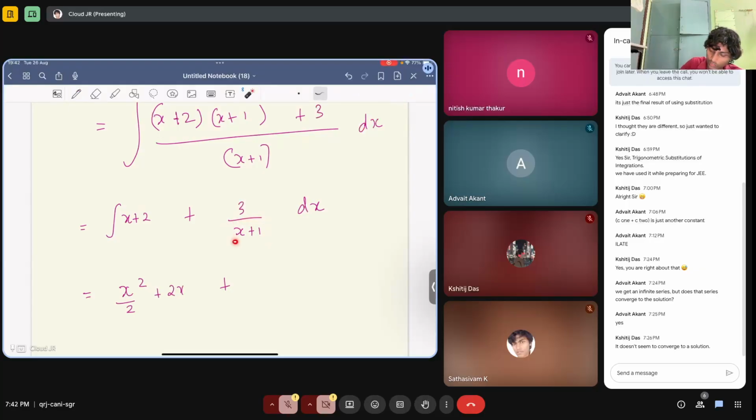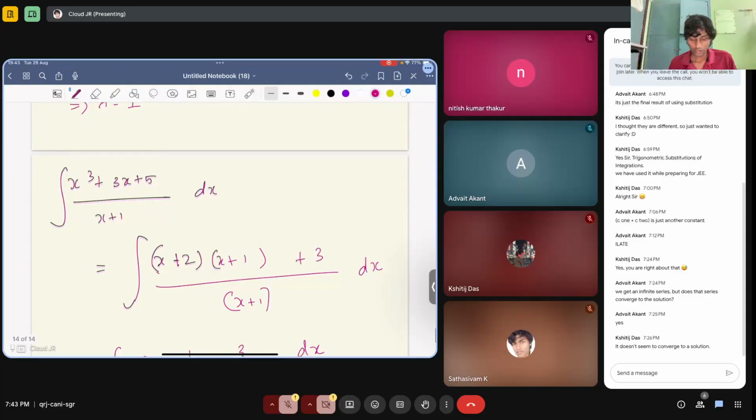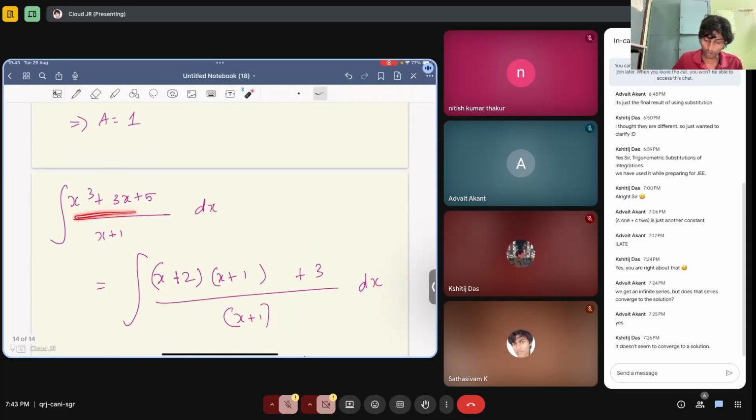Take x plus 1 as u, and du is equal to dx. So do the substitution, and you will get 3 times the natural logarithm of x plus 1 plus C.